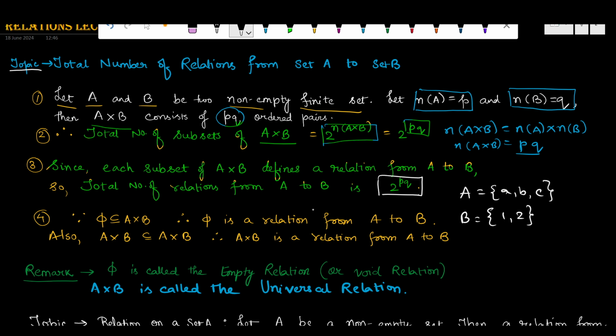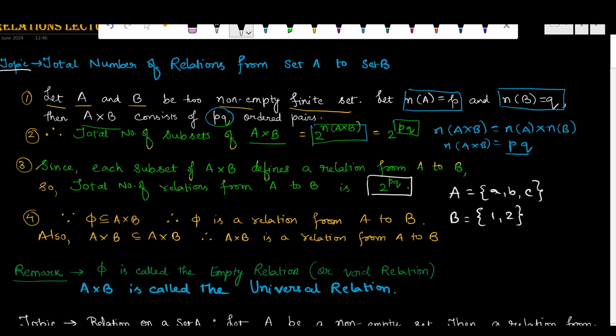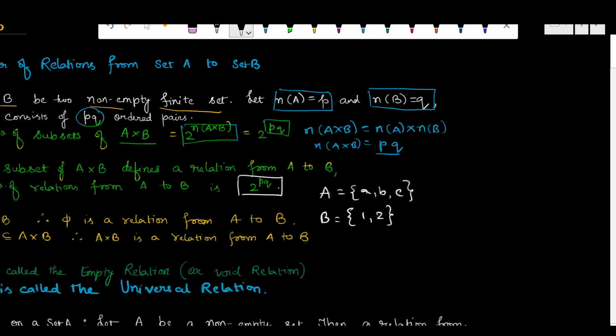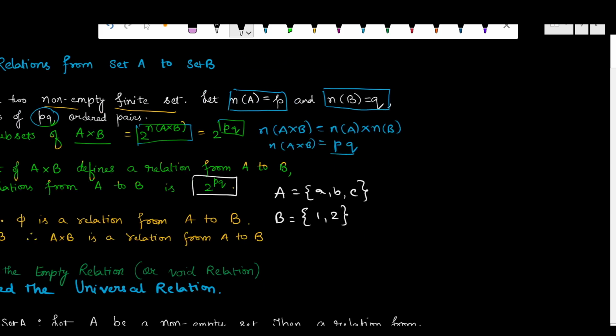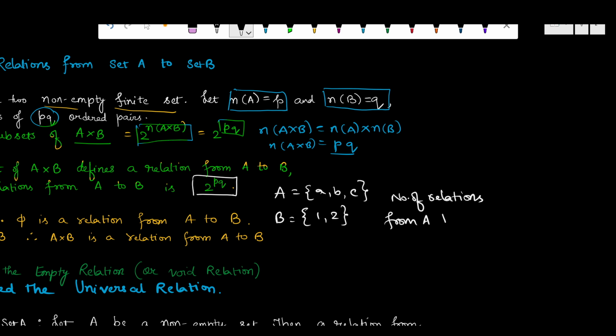Suppose we want to find the number of relations from set A to set B. This will be equal to 2 to the power cardinality of A multiplied by cardinality of B.